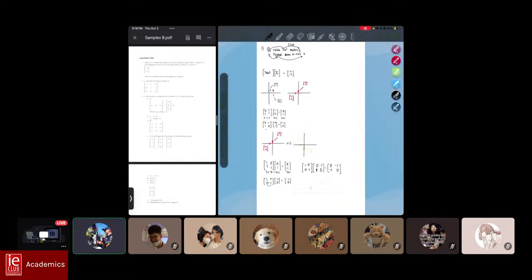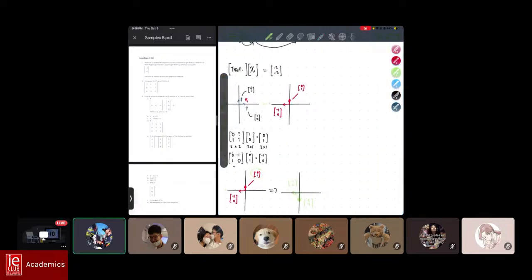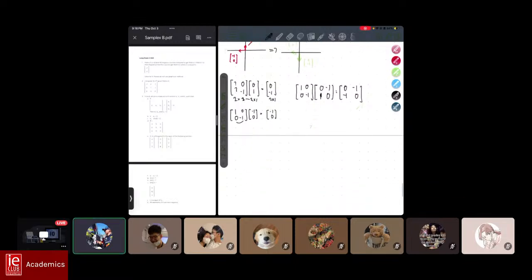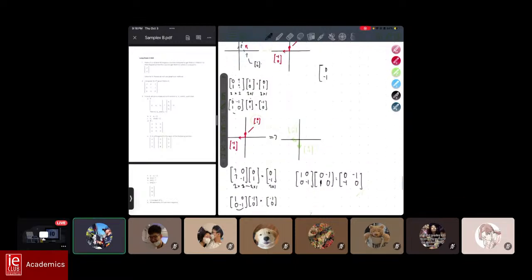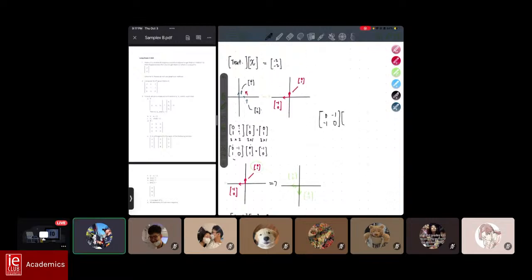So now, we can plug this thing back into here. So, yung vector, yung initial matrix X natin, is transform siya through this. So, 0, -1, -1, 0, times matrix X, we just let it be X1 and X2, equal to -2, -2.